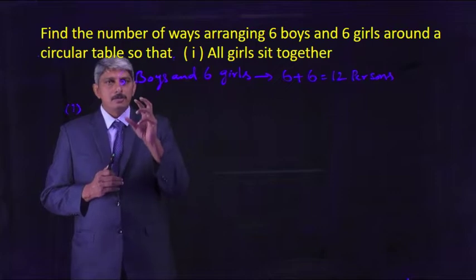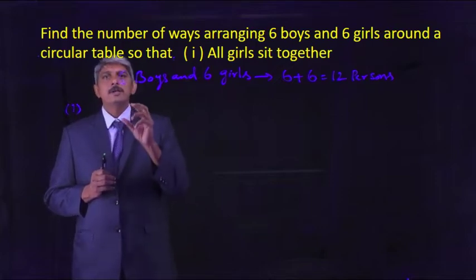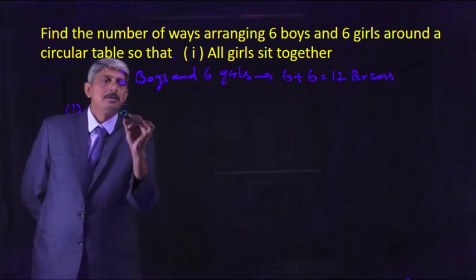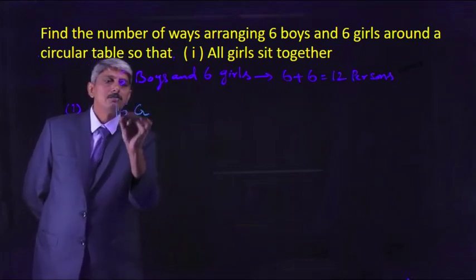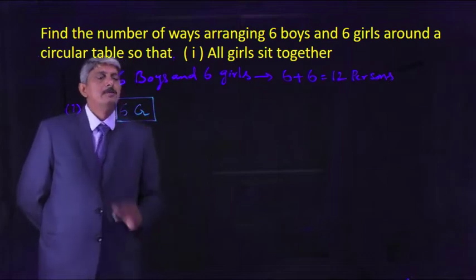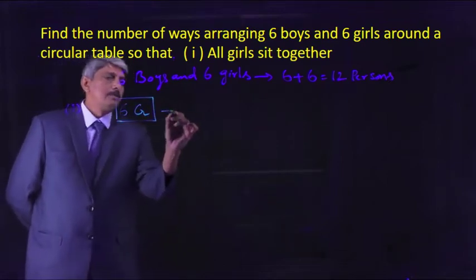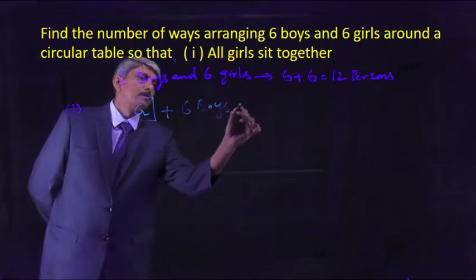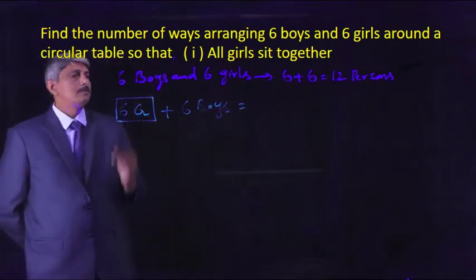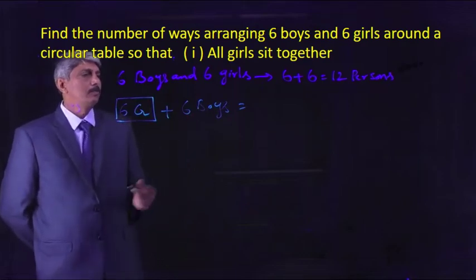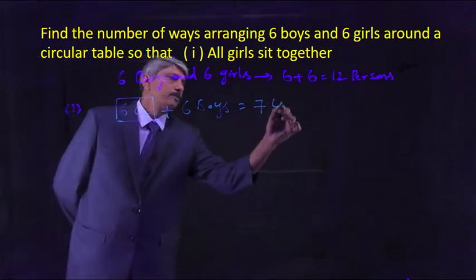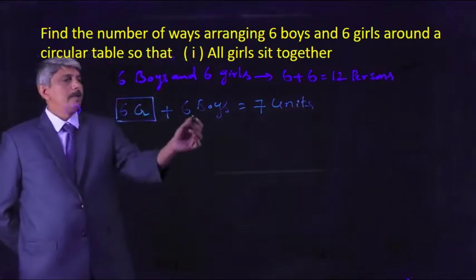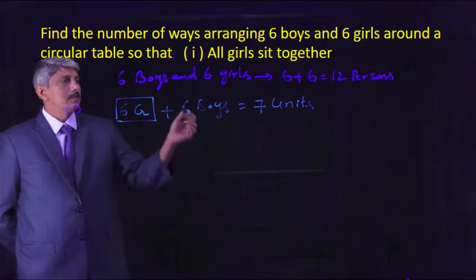First we treat the 6 girls as one unit, plus 6 boys. Therefore we have 7 units: 6 boys plus 1 unit of 6 girls.